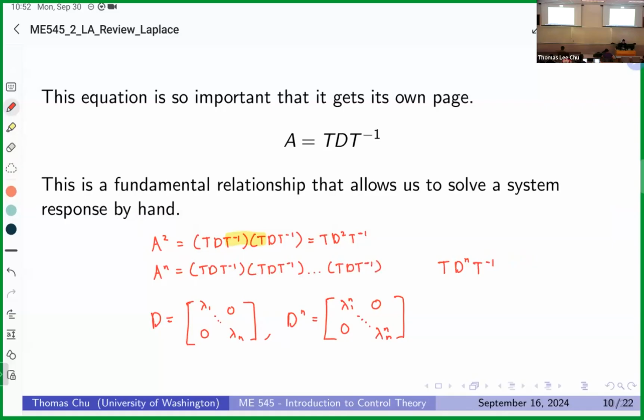so we can just ignore basically all of the, there's going to be 1, 2, all the way to n terms. Then we still get t multiplied by d to the nth power multiplied by t inverse, because the t inverse and the t's cancel each other out. They multiply out to be identity.